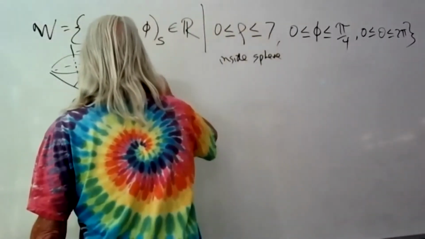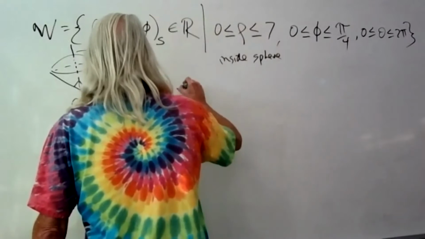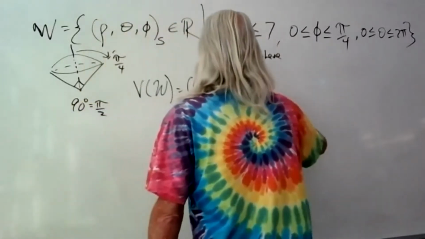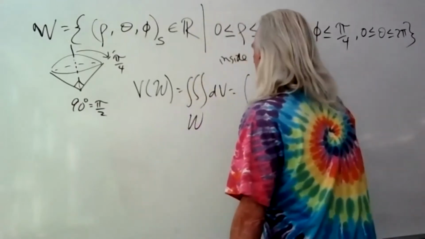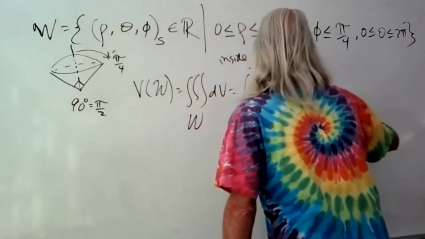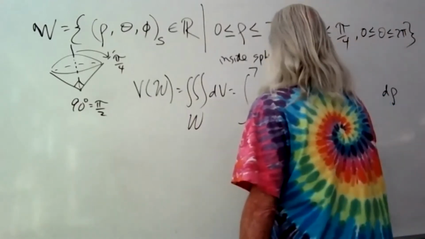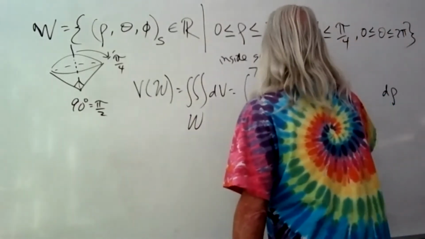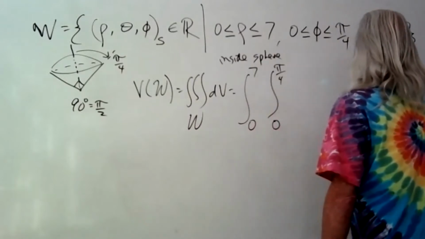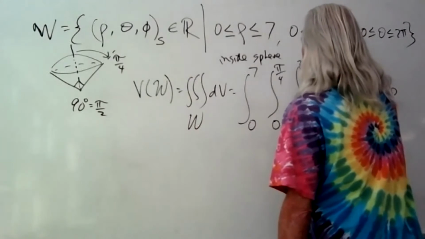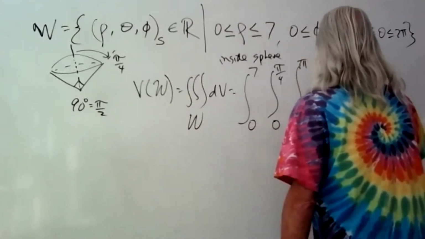So here the volume of W, the triple integral over W of dV, is going to be, using this, I'm going to integrate from 0 to 7 with respect to rho, from 0 to pi over 4 with respect to phi, and from 0 to 2 pi with respect to theta.